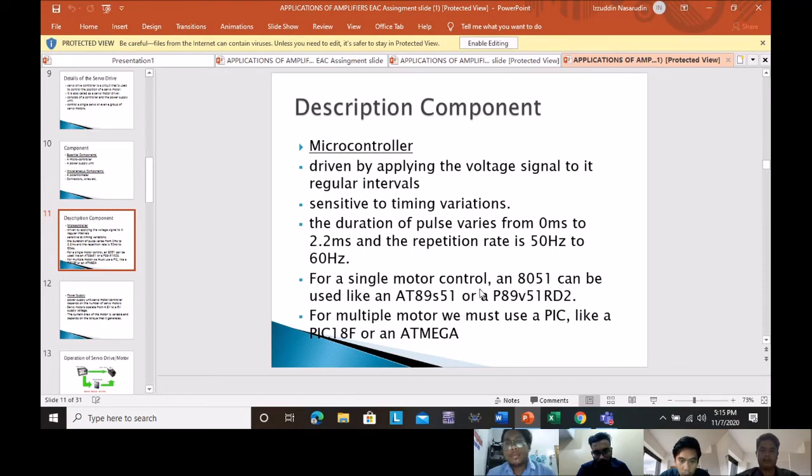For a single motor control, usually it will use an 8051 microcontroller, like 89S51 or P89V51RD2. For multiple motors, we must use a PIC like PIC18F or Atmega.